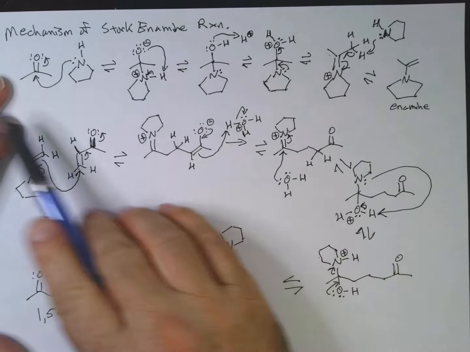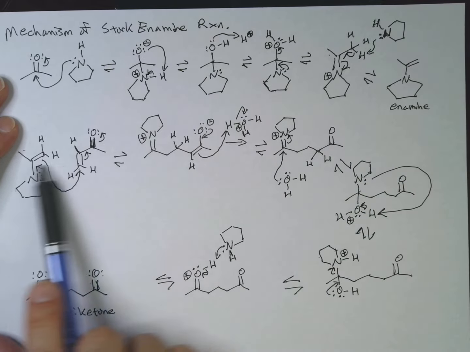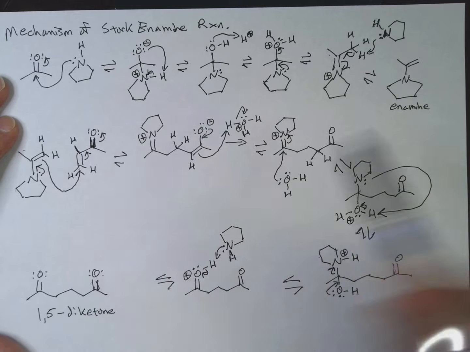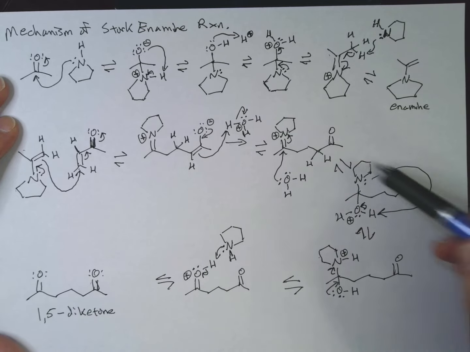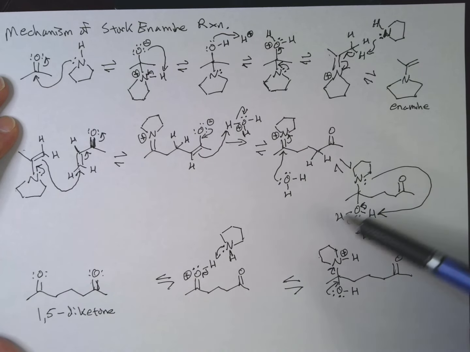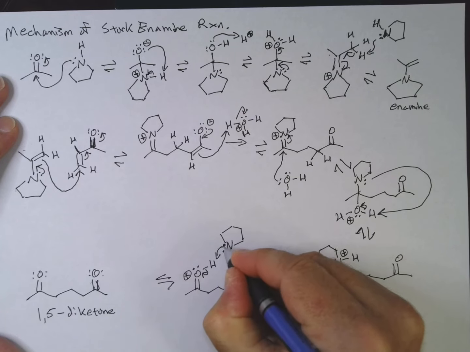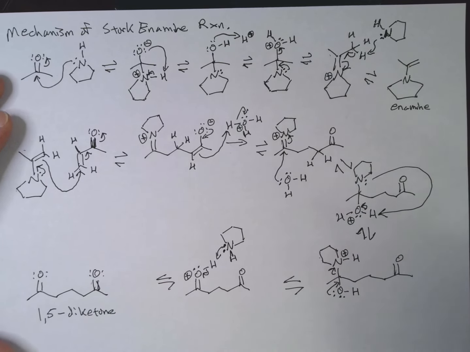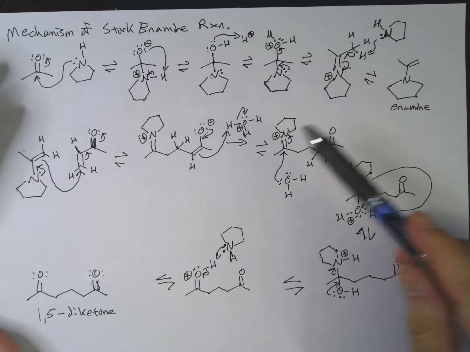So the whole thing involves making the enamine, having that do the Michael reaction, and then continuing on with the hydrolysis of the product back to the ketone. All right. So I just wanted to show you this.